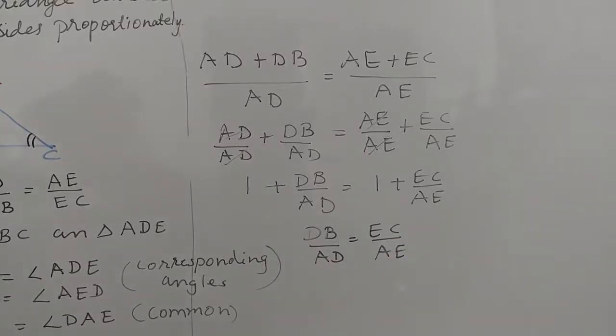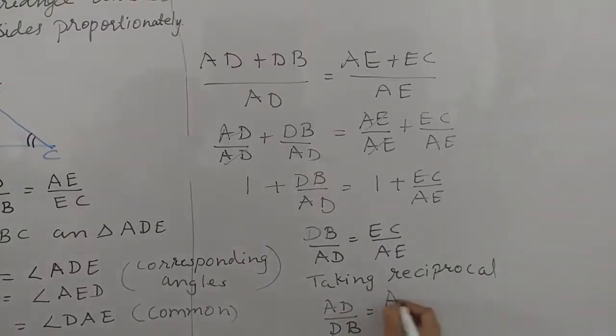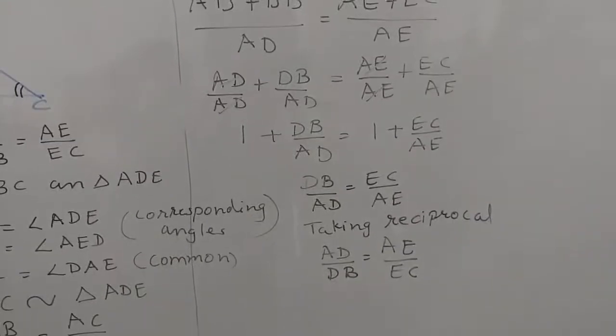Now I can take the reciprocal of it. So taking the reciprocal, I get AD upon DB is equal to AE upon EC. So this is what we wanted to prove as our result.